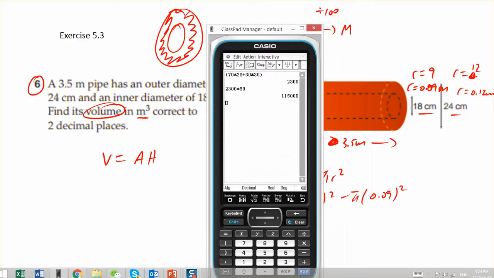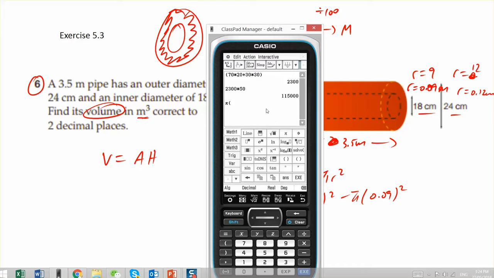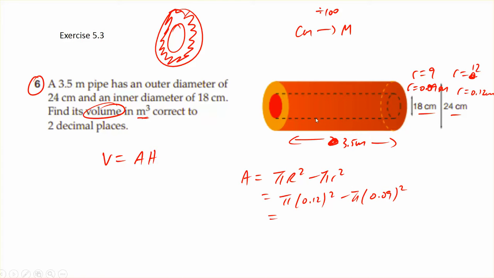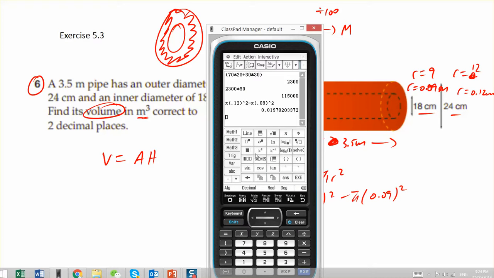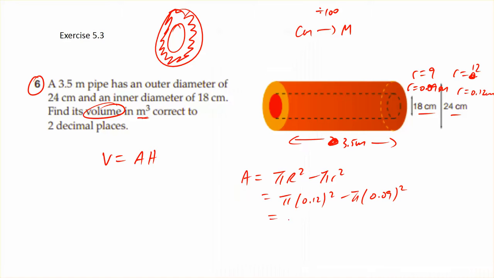So let's go to our calculator. So we're going to go pi 0.12 squared minus pi 0.09 squared. I'll just copy in this, okay, so that I don't have to memorize anything, or I have to go back. 0.019792.